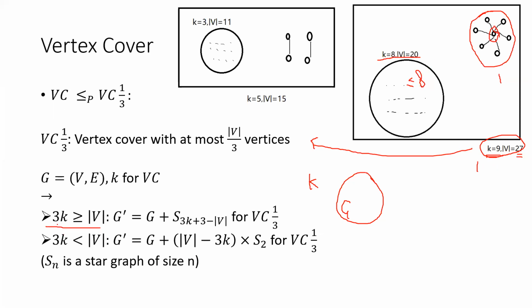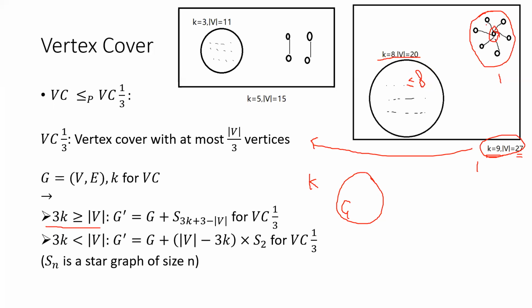And this is for the case that 3K is greater than or equal to the number of vertices in the graph. The basic idea is to make the number of vertices in the new graph 3 times the extra component.